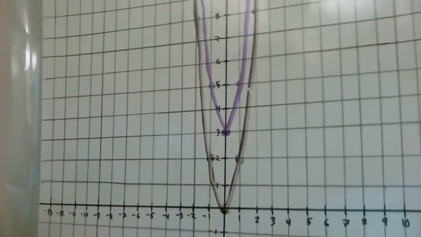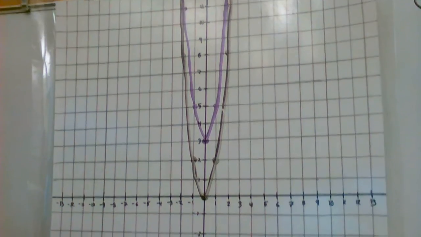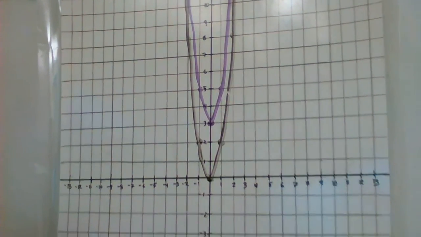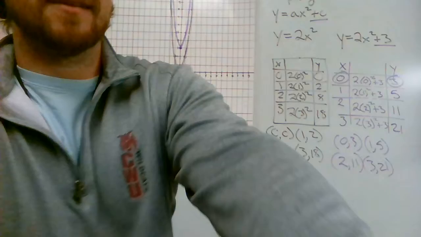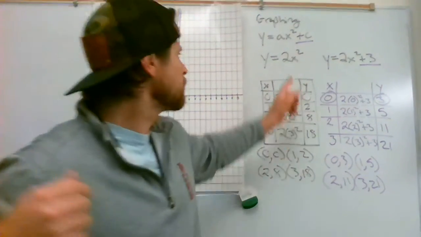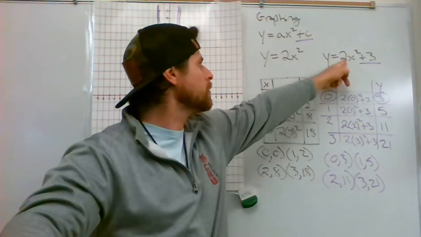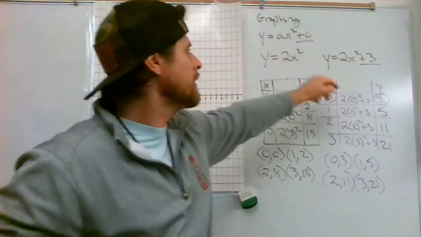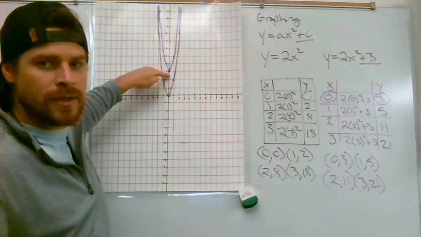Zoom on in. Moved 1, 2, 3 units up, but the exact same parabola as far as steepness goes. Why is it the same steepness? Because the A's were both 2. That has to do with steepness. Here we said plus 3, so this one just shifted up 3 units.